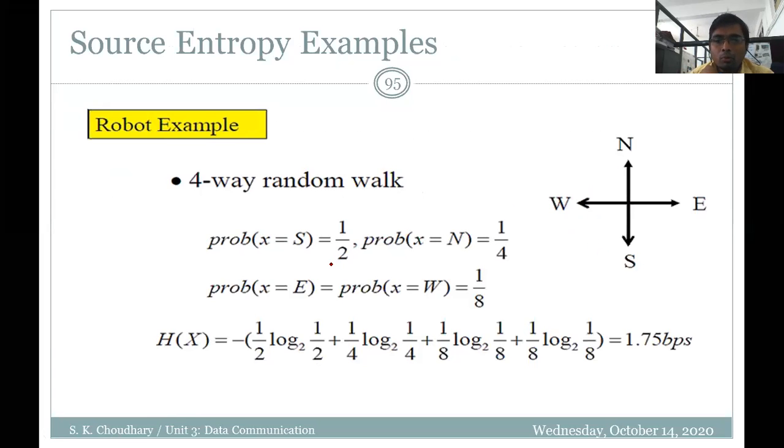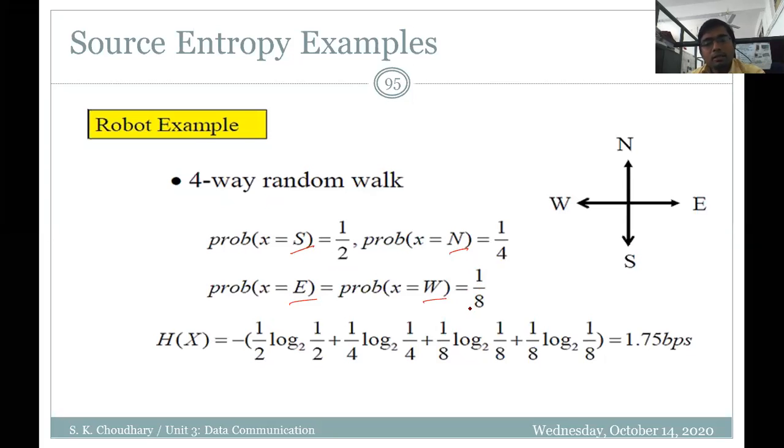Probability of the robot to walk in the south direction is 1 by 2, in the north 1 by 4, and in the east and west both are equal probability 1 by 8.